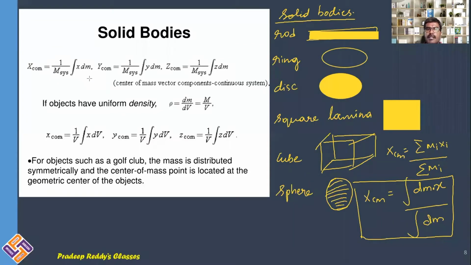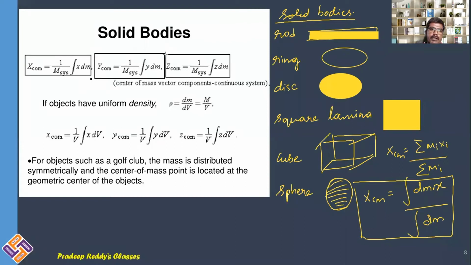If the substance is located in 3 dimensions, then you can write center of mass along x-axis is this, along y-axis is this, and along z-axis is this. Likewise, whenever you are dealing with volume mass distribution, you can take center of mass in this way.